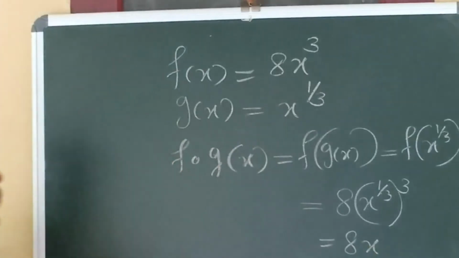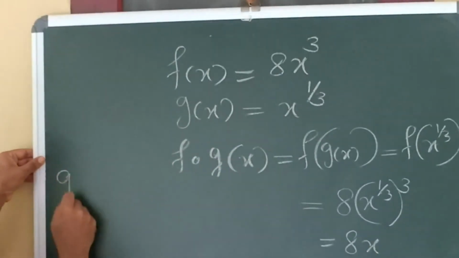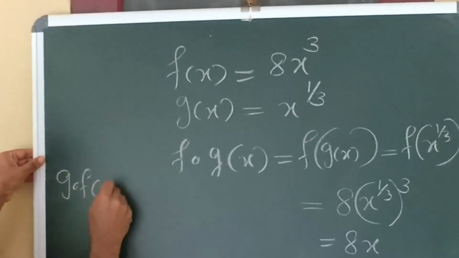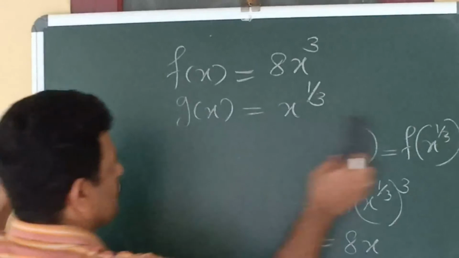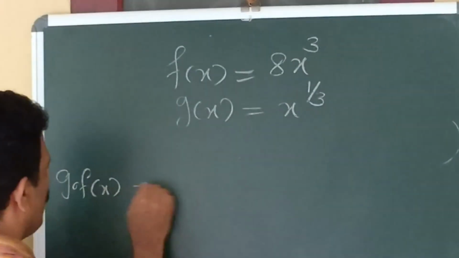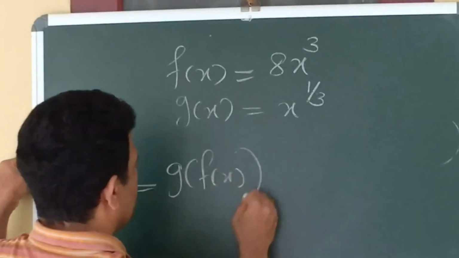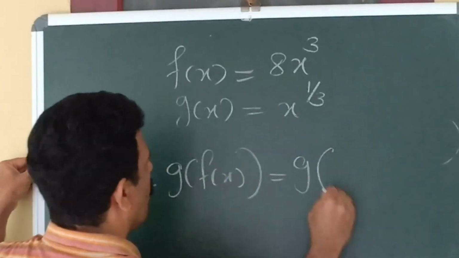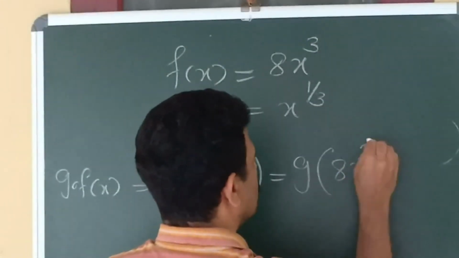Now we can take the second question, that is g dot f of x, that is equal to, by our definition, g of f of x. Here g of f of x means g of 8x cube.